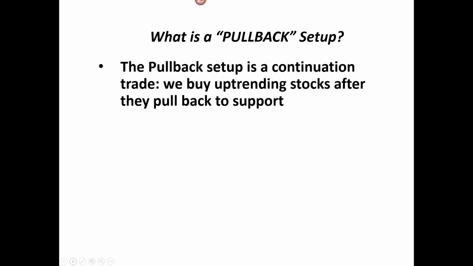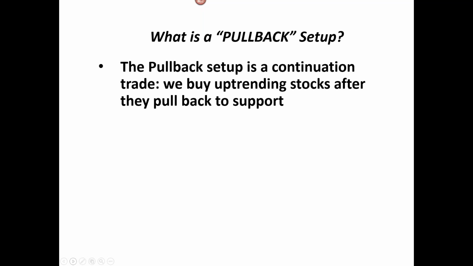The pullback setup is what we would call a continuation trade. There are continuation trades, there are consolidation trades, and there are reversal trades. This happens to be a continuation trade, which means we're looking at a stock that is already in a trend, that has paused in that trend and is ready to resume the trend, ready to continue the trend, and that's when we want to buy the stock.